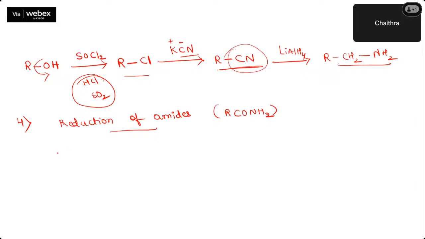So now let me take one general reaction. R C double bond O NH2. The valency of the carbon I have to satisfy. That's why I'm writing like this. Now again follow the same thing. You can take a reducing agent and remember, upon reduction the C double bond O group will be converted into what? Can you tell me? CH2.